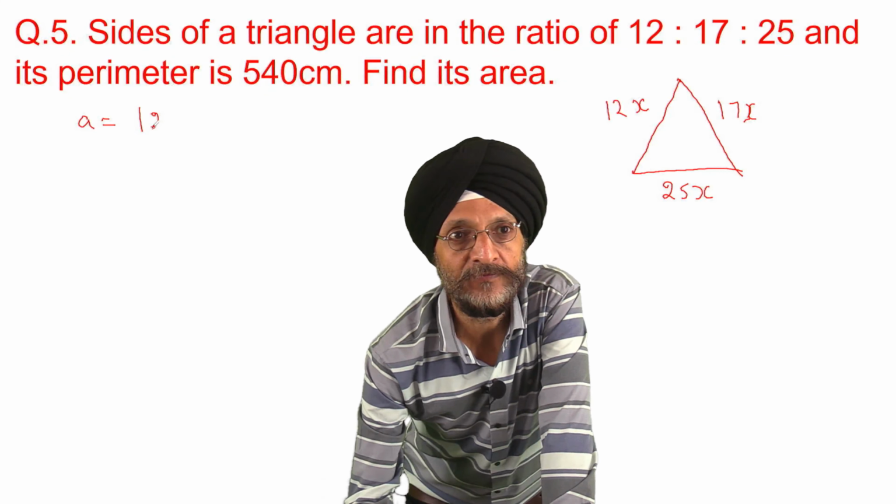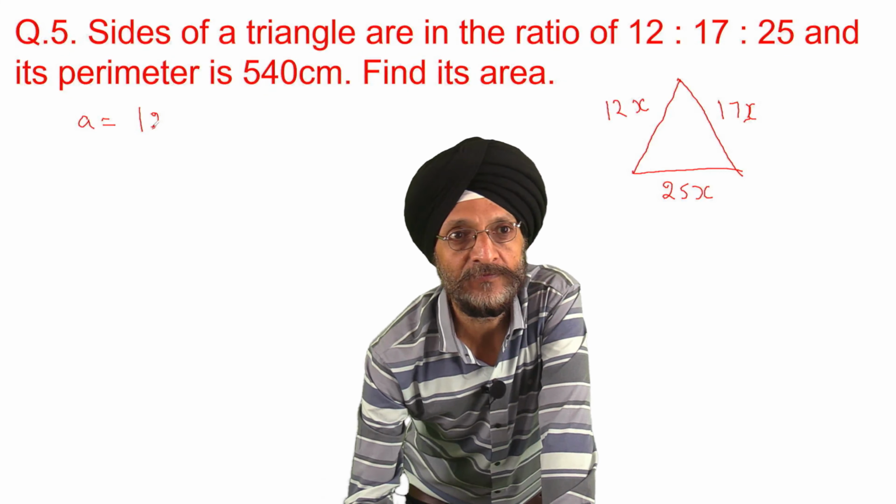What is the value of C? It is 25x. It is 250 centimeter. So now we have to find the value of area of triangle. We can calculate the area of triangle by using Heron's formula. What is Heron's formula?